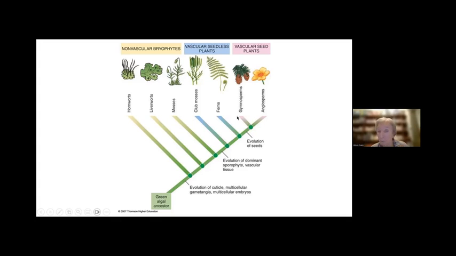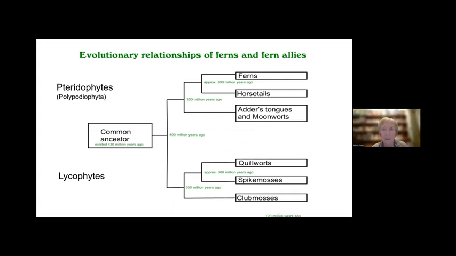have come much later. And just to go on a little bit about how these things are related, what we've learned since people have been looking at DNA is, in fact, these fern allies, the club mosses, known as lycophytes, are actually not closely related to ferns at all.